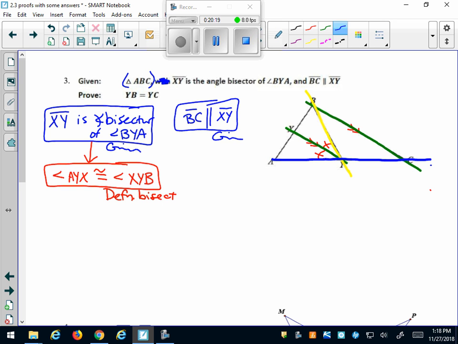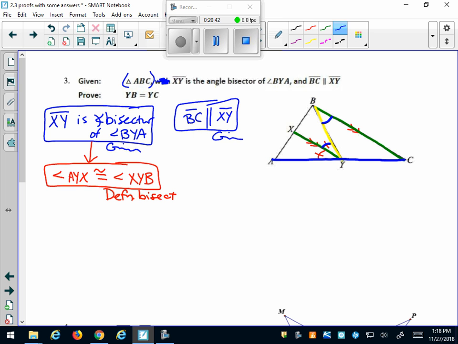Okay, alternate interior angles. Which ones are alternate interior angles? Yep. Good. CBY, this one, and XYB, this one. Those are alternate interior angles. You guys see the Z there?